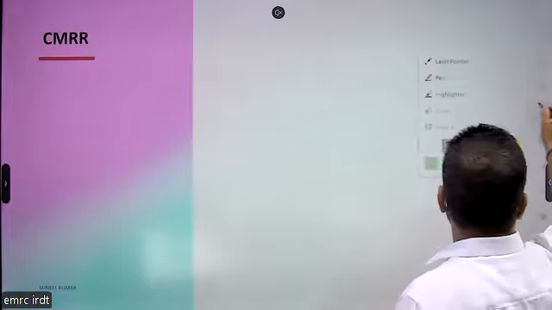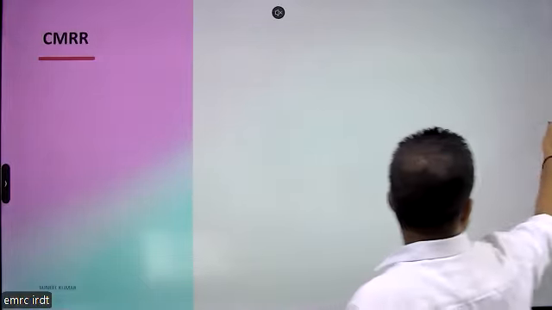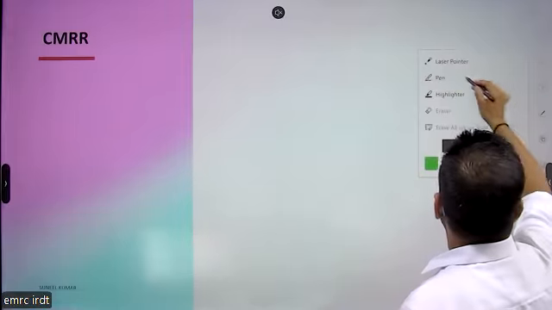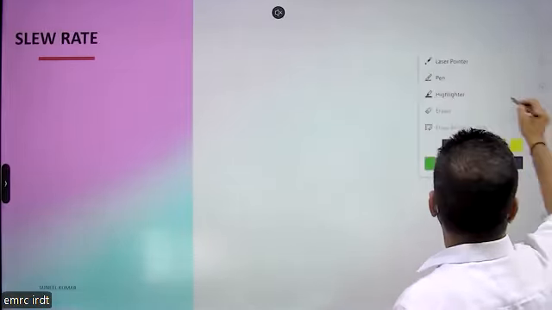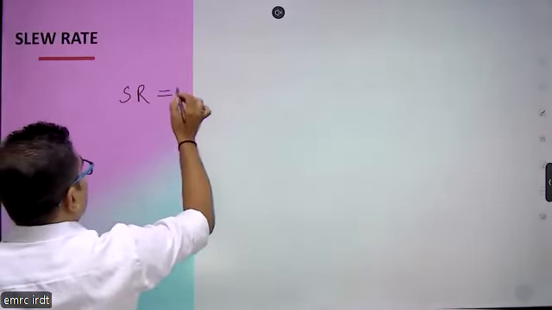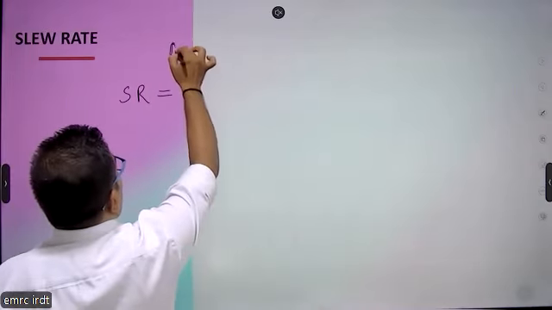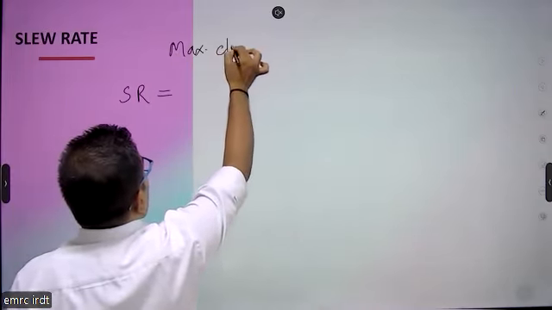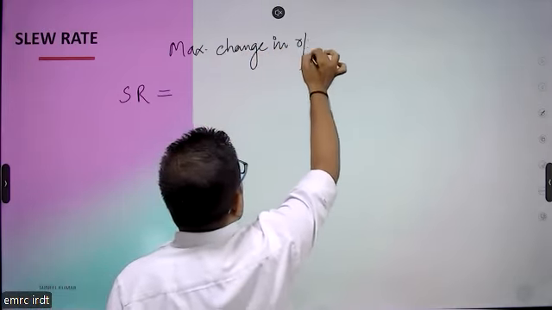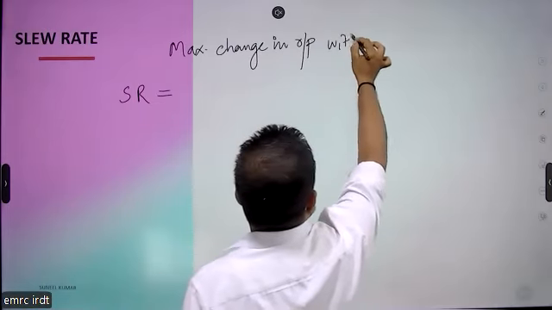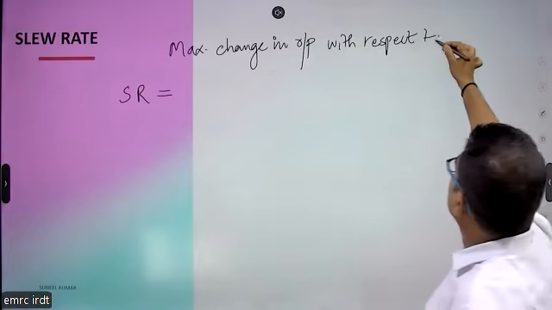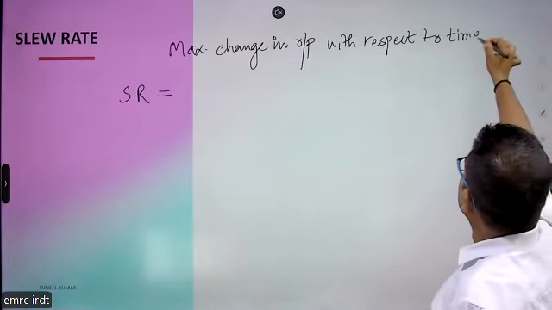Slew rate can be written as the maximum change in output with respect to time.